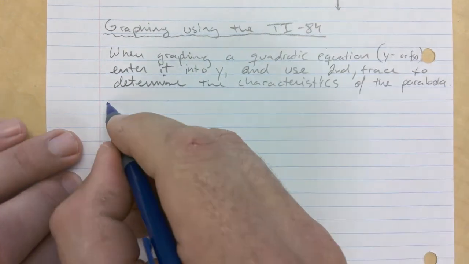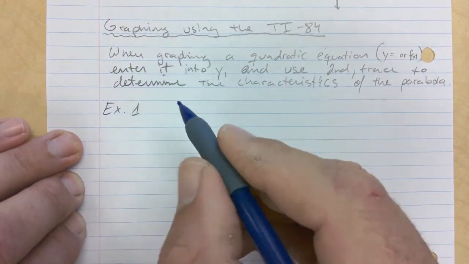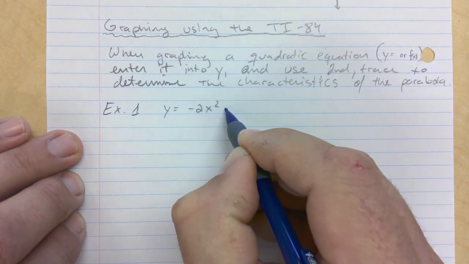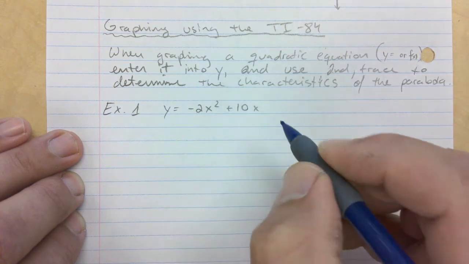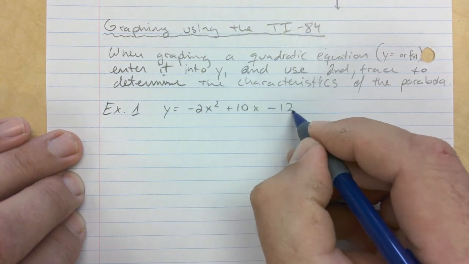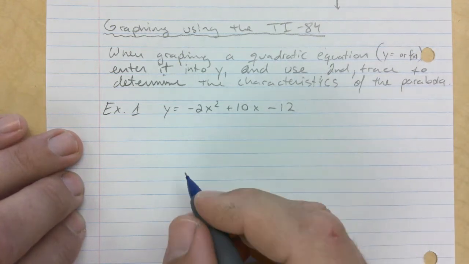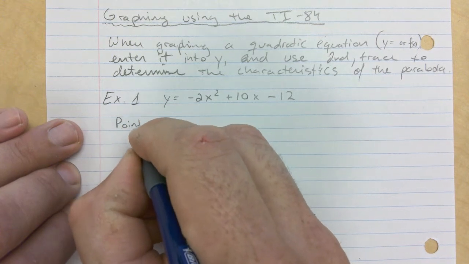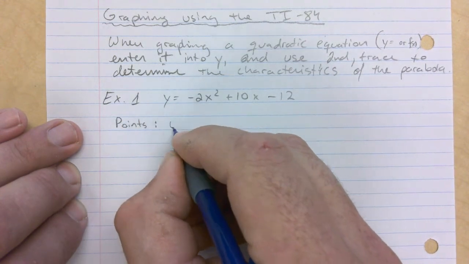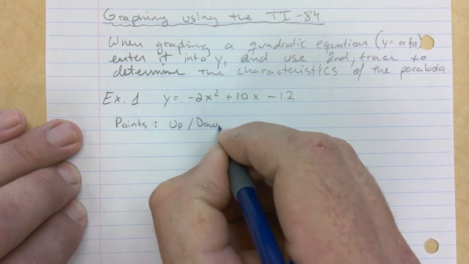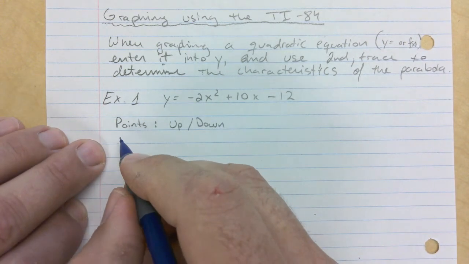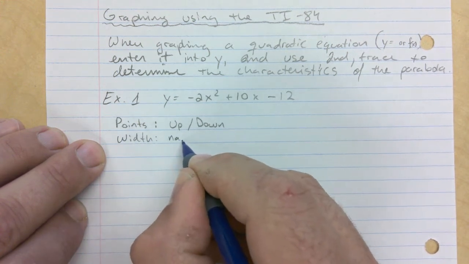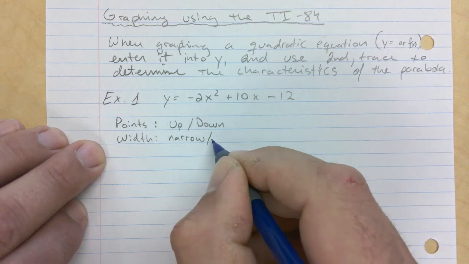Okay, so example 1, that's graph 1. So we have y is equal to negative 2x squared plus 10x minus 12. And we're going to point up or down. I'm going to ask you that just now, just to practice that. Is it narrow or wide?